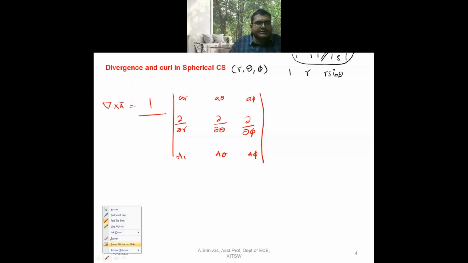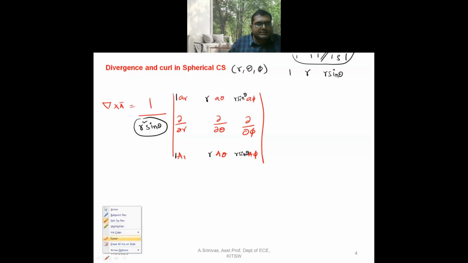Now you apply the notation 1 r sine theta, 1 r sine theta, 1 r sine theta, r a phi, r sine theta a theta, r sine theta a phi. Now here you have to apply the product r square sine theta in the denominator. The notation product is 1 into r into r sine theta, that is r square sine theta.